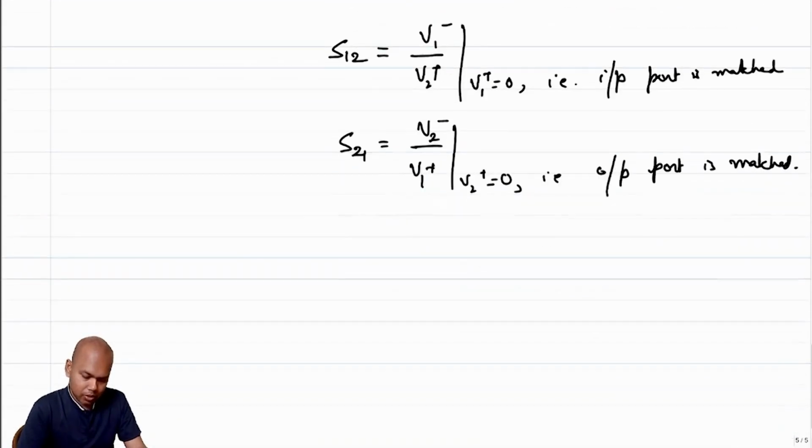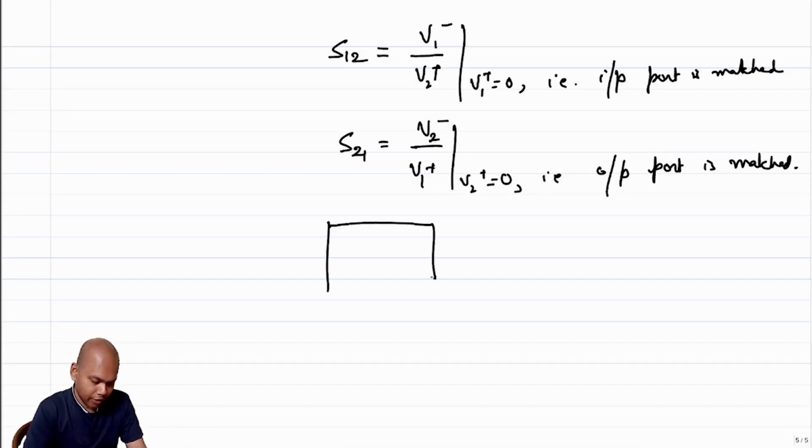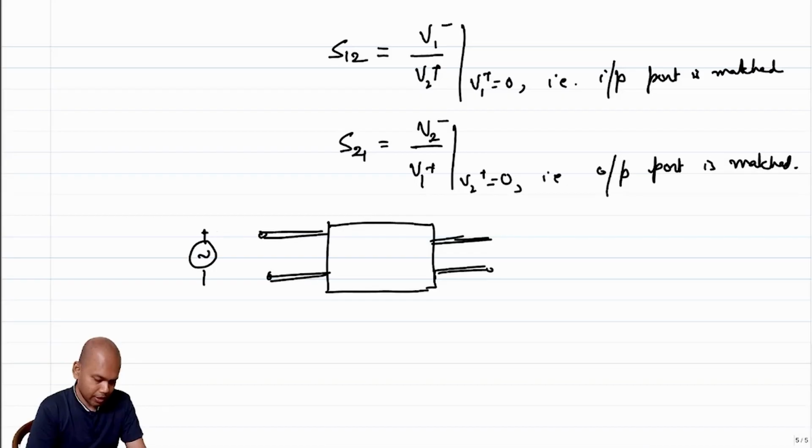Okay, so the moot point is that if you have to characterize these S parameters, you have to do 4 different sets of experiments, right, in hardware. In 2 setups, you will have to apply... So these are those inevitable long transmission lines. In one setup, you will have to apply an input.